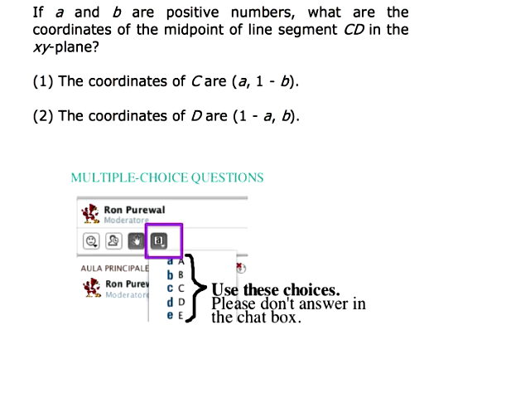Right there where it says pick a multiple choice, you didn't pick one yet. Neither of you guys. Okay. So let's pick something. Okay, so let's discuss.